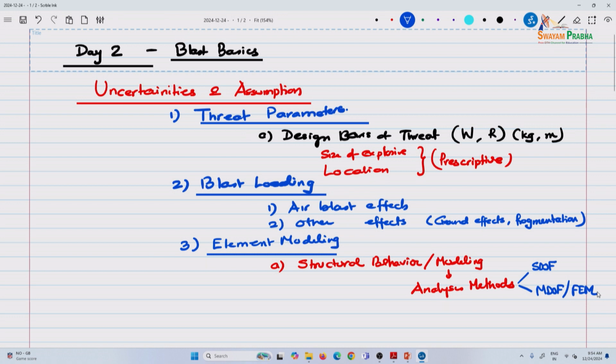There are other methods also, really cool methods called smooth particle hydrodynamics, that's not quite based on finite elements. Principles are there, but you're not modeling a structure. You can actually see nice explosions, and it is used especially for example, when there is a ground blast and you have an armored vehicle going, modeling of some of those.